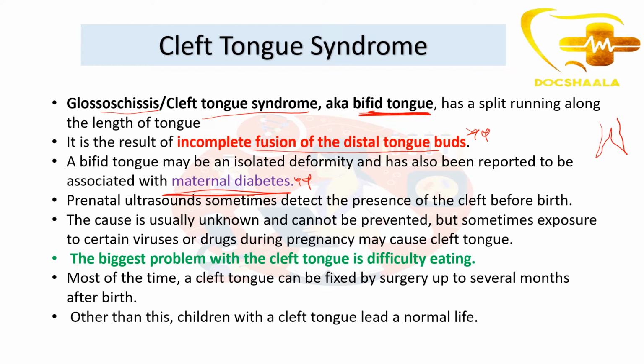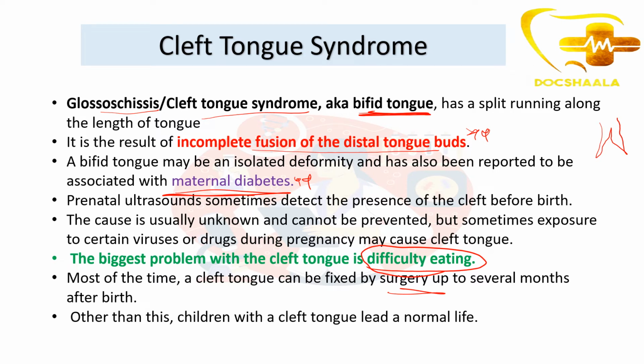The cause is originally not known and cannot be prevented, but sometimes exposure to certain viruses or drugs during pregnancy may cause the cleft tongue. The biggest problem is difficulty in eating. Of course, with a cleft tongue it is really very difficult, right? Most of the time, a cleft tongue can be fixed by surgery up to several months after birth. Other than this, children with cleft tongue lead a normal life.